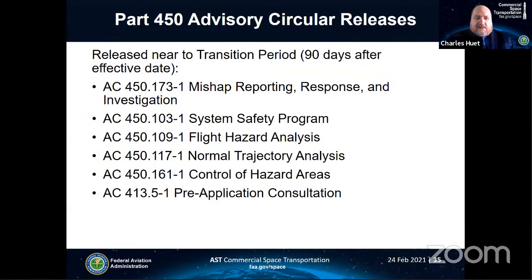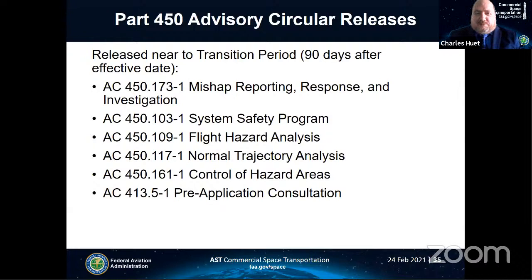And then after that, there's a transition period that is 90 days after the rule is published. There's a typo on the slide. That would be sometime in the June timeframe, based on the publication date.